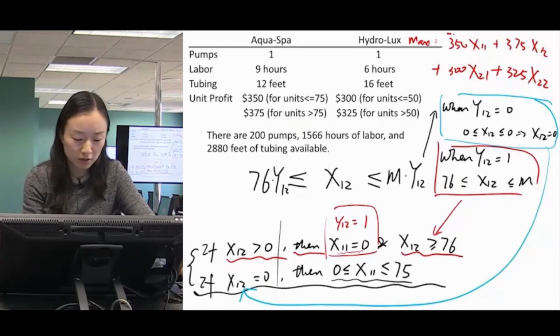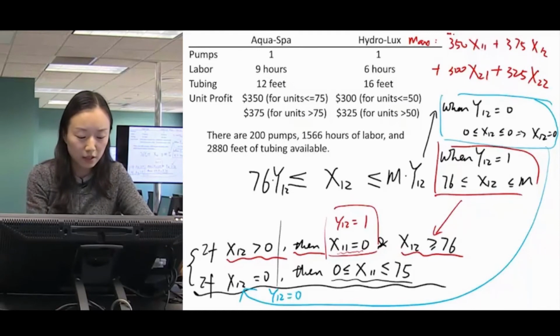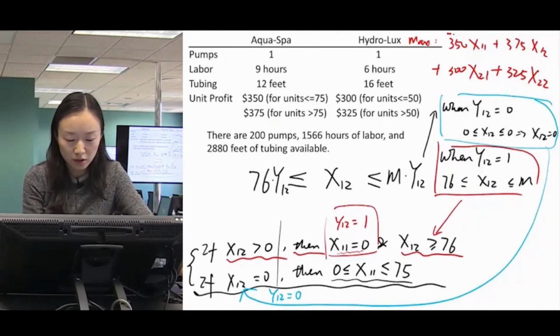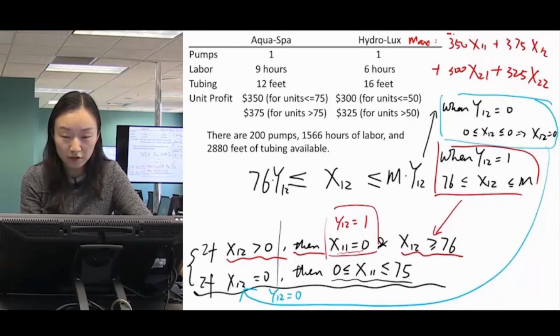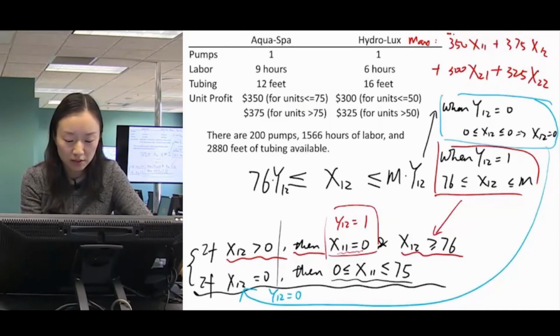Now x12 is 0. At this moment, y12 is 0 here. And when this x12 is 0, we want our x11 to be between 0 and 75. And when x12 is greater than 0, which is when y is 1, we want our x11 to be 0.